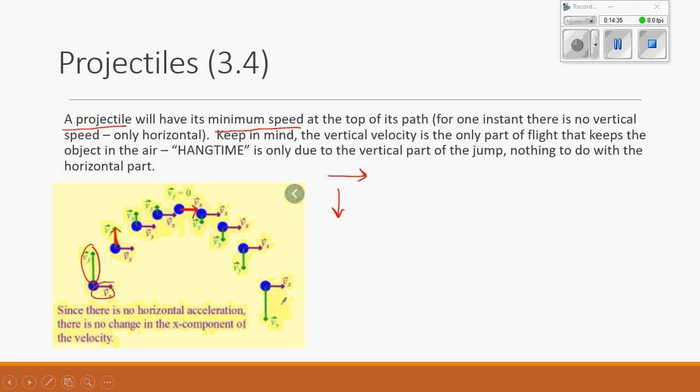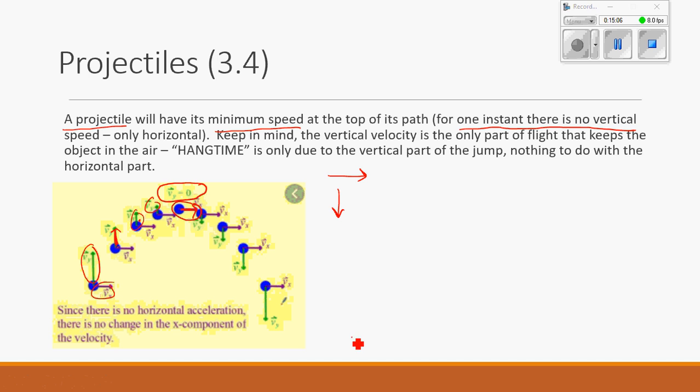And so the overall velocity becomes just velocity in the x direction, or just horizontal at the top of the flight. So you can see we're getting a smaller and smaller y velocity until there's absolutely no vertical velocity for one instant.